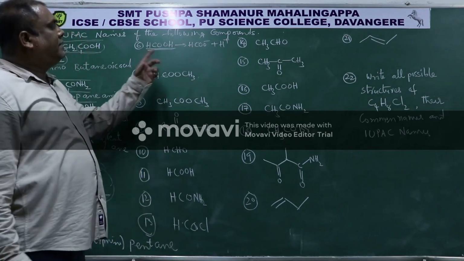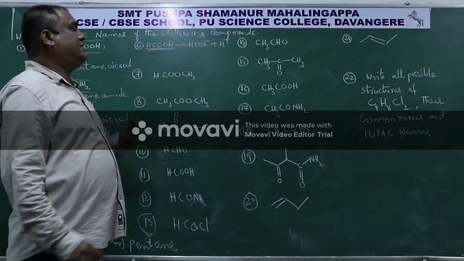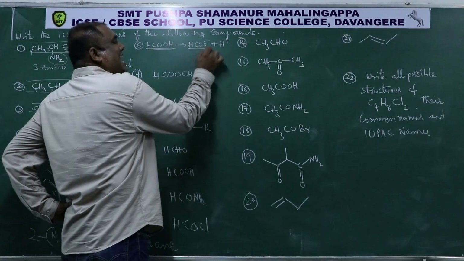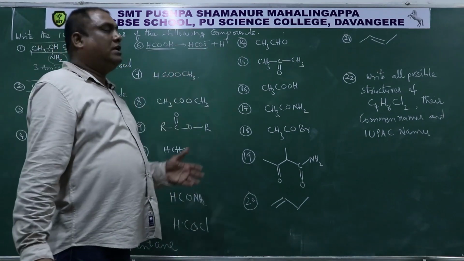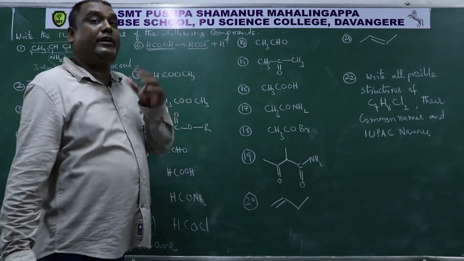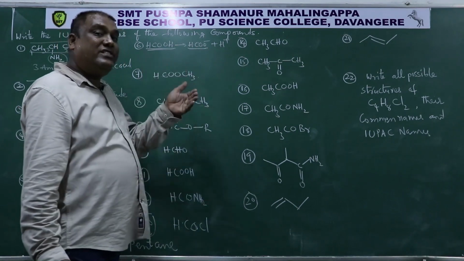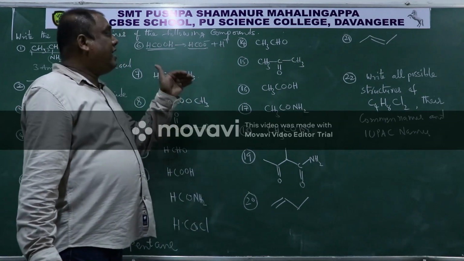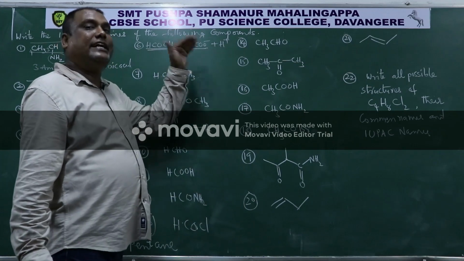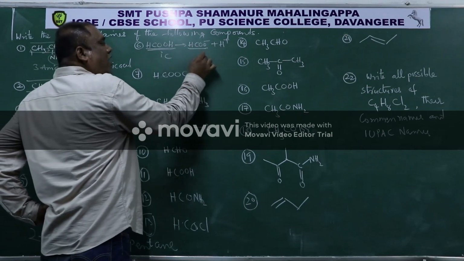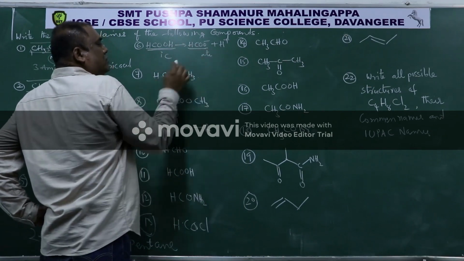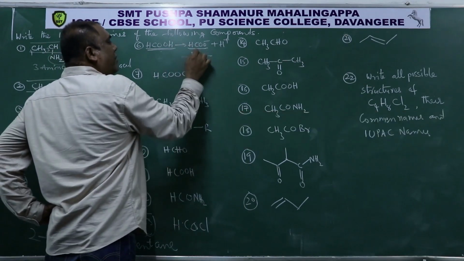Always the anion name of the acid: this is the acid, this is its anion. If the acid name ends with ic, the anion name ends with ate. If the acid name ends with ous, the anion name ends with ite. It is formic, therefore it will become formate. So this ion name is formate ion.